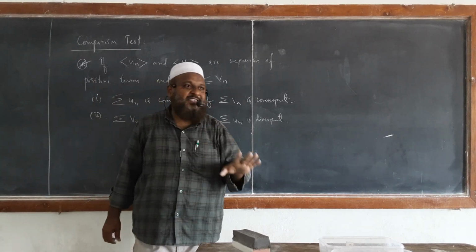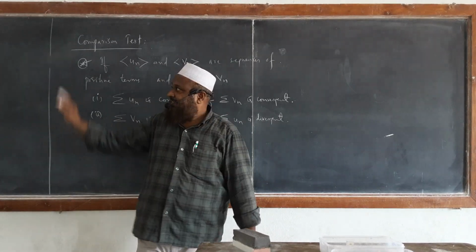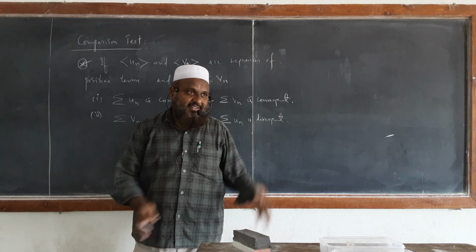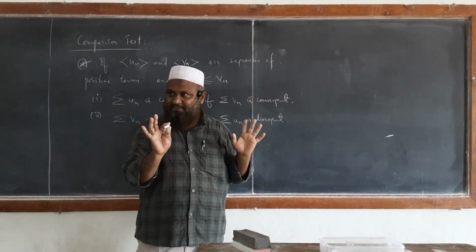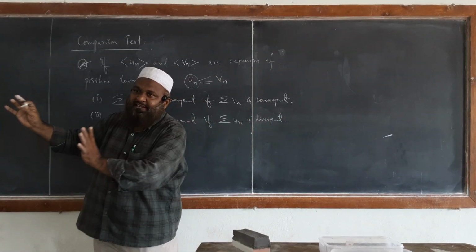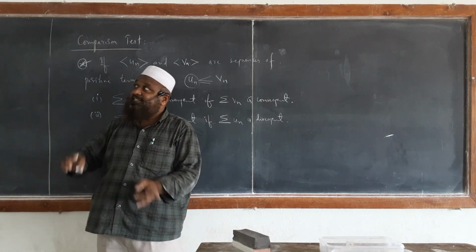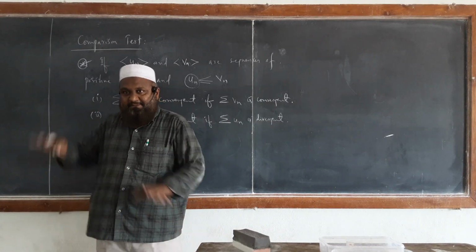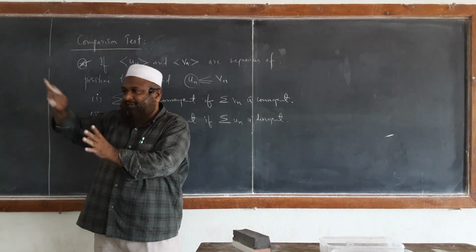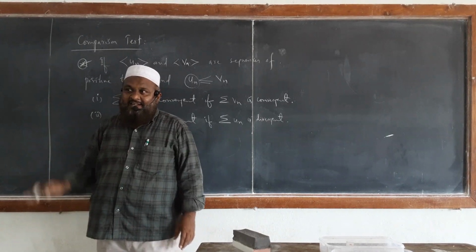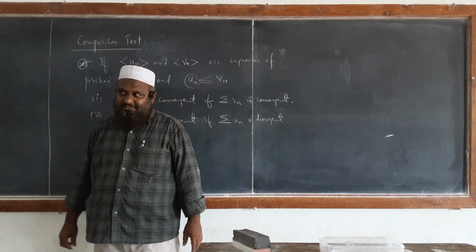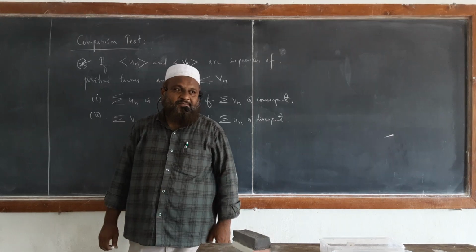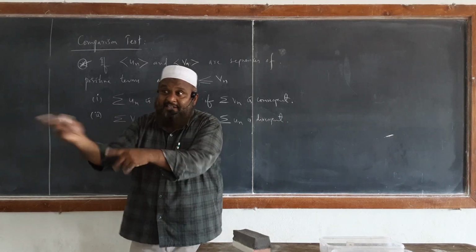But now comes a very important issue. The height is 7 feet. You don't know how big the almirah is. You are just trying to take it out, and it's not going out. Means it is divergent. What about the smaller one? It may go, it may not go.